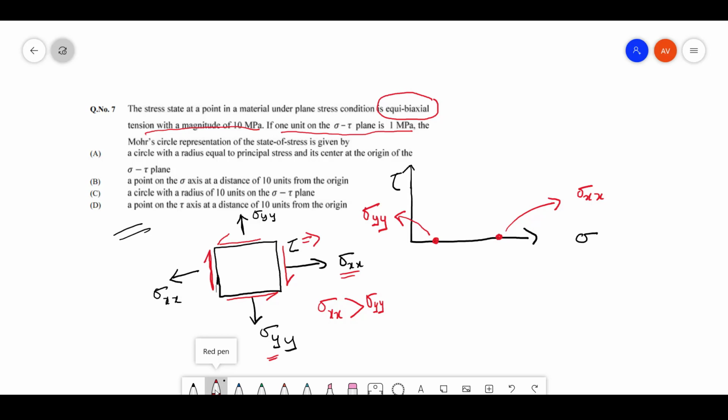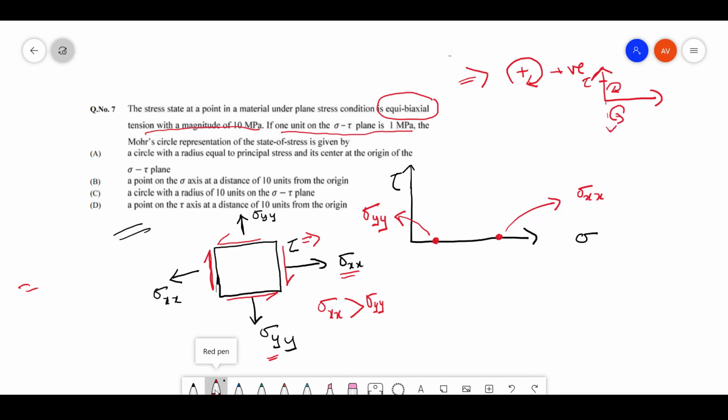Now the general sign convention, let me draw here. So if you are having clockwise rotation, we'll take it to be positive. So if I take my axis, okay, my tau will be positive. This is where clockwise comes, and this is where my anti-clockwise comes.